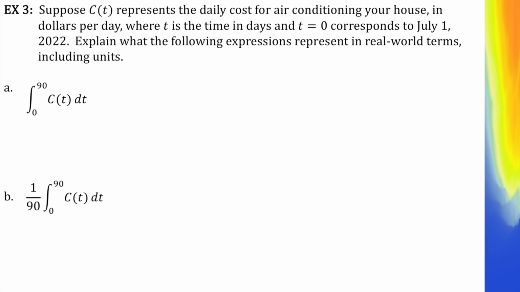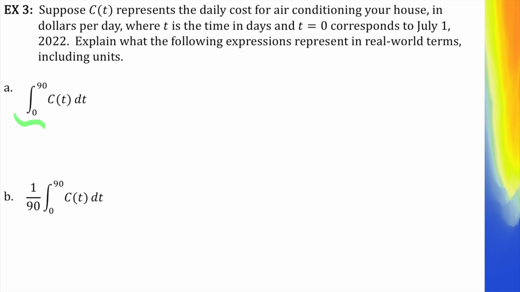Couple notation problems here. Suppose C of t represents the daily cost for air conditioning your house in dollars per day, where t is the time in days and t equals 0 corresponds to July 1st, 2022, or whatever year. Explain what the following expressions represent in real-world terms, including units. So what do you think?